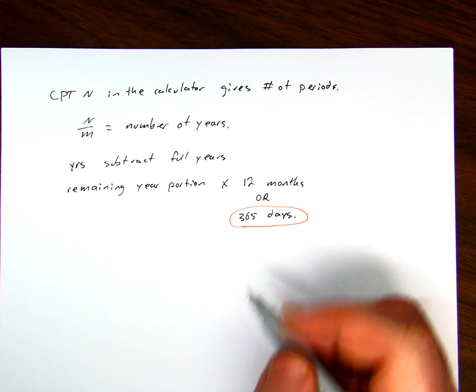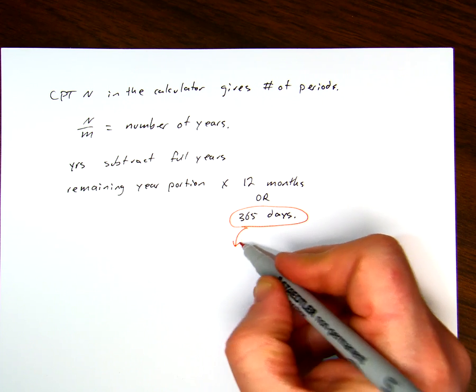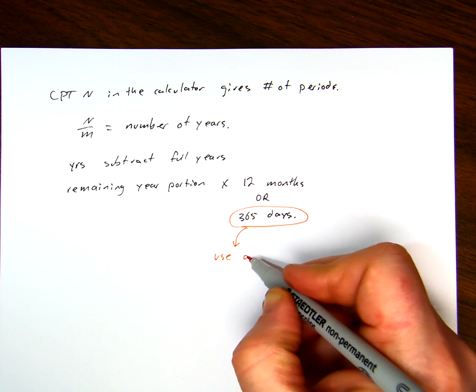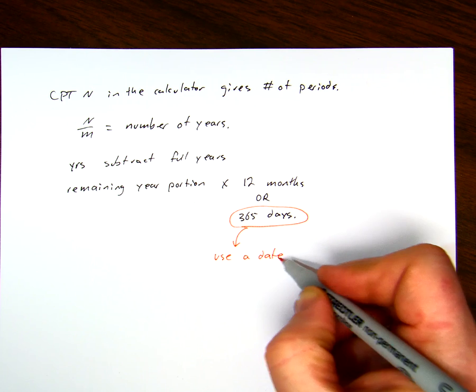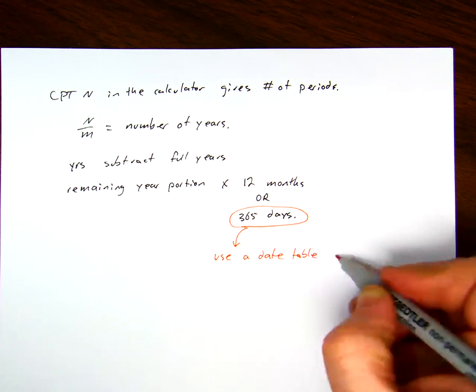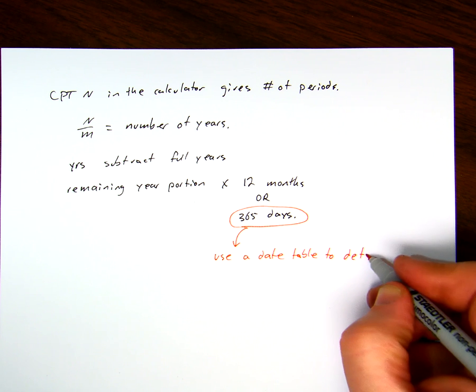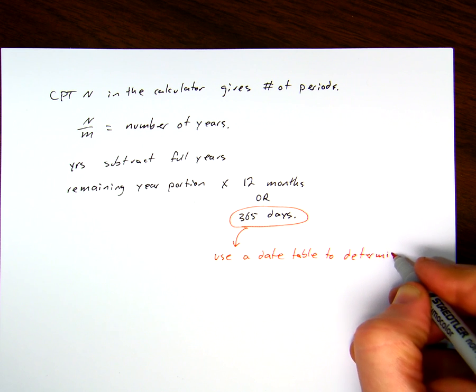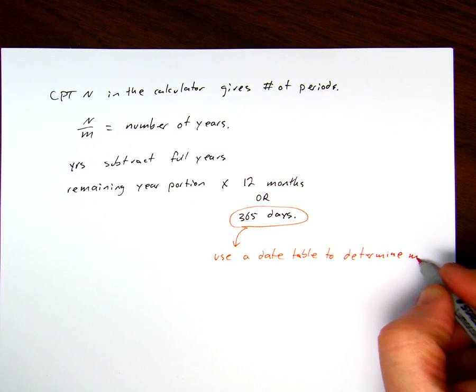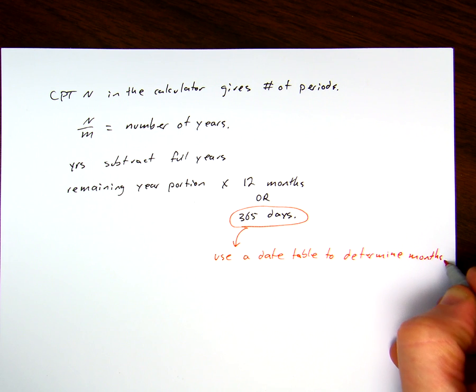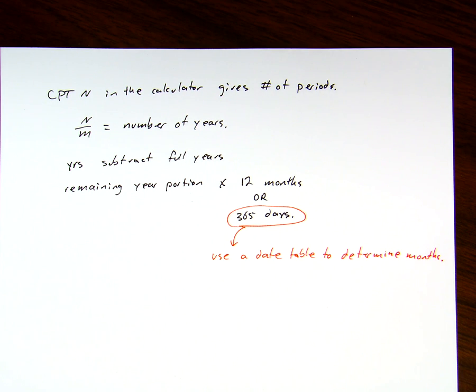Do 365 days, and then you would use a date table to determine the months. So if you're really looking at days, use the days, and do all the stuff that we did before when we looked at simple interest.